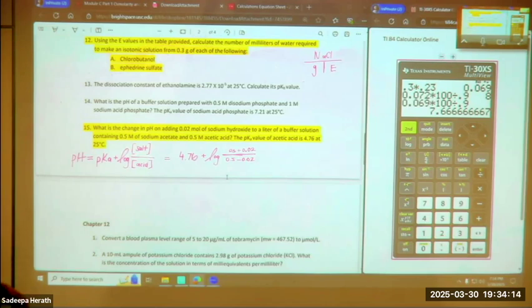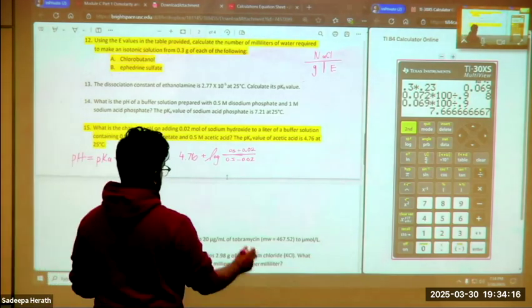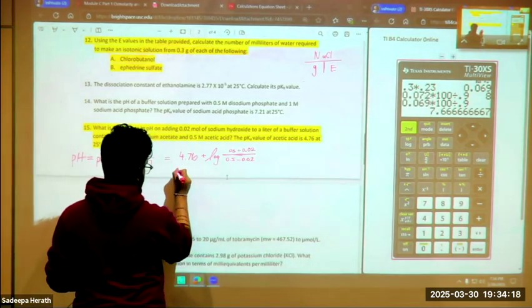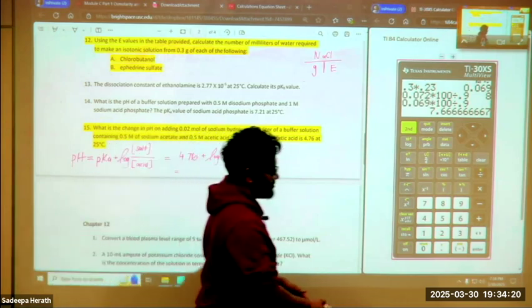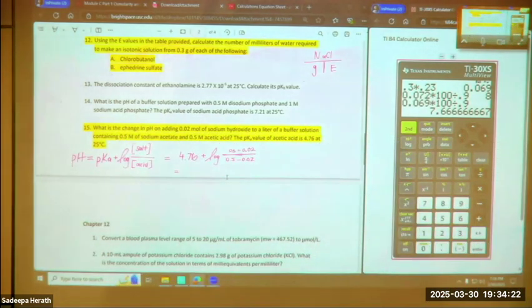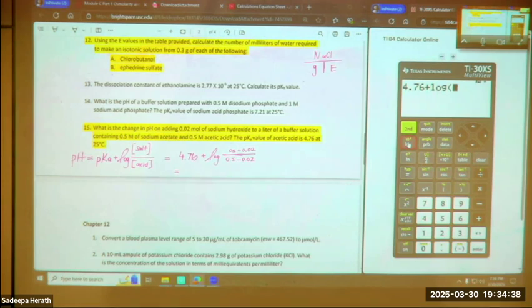Okay, so now all we have to do is calculate this. That is 4.76 plus the log. Where is the log? Right here. So log, and then use parentheses. You can use however many parentheses you want, as long as you're closing them right.